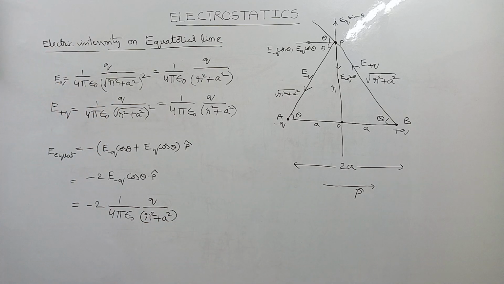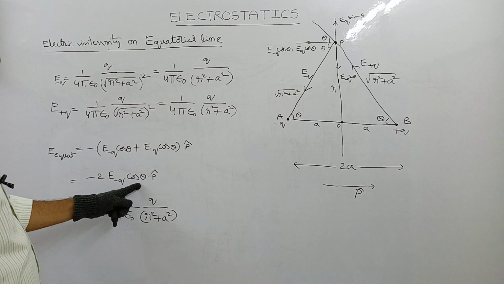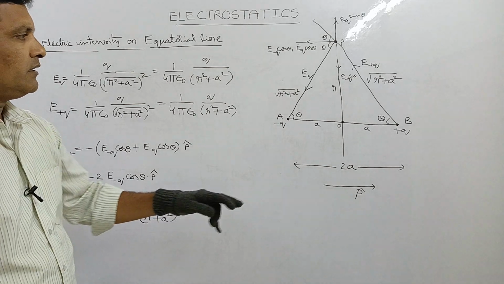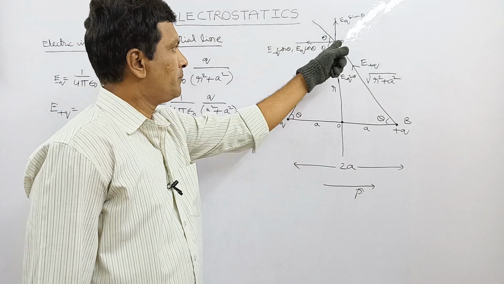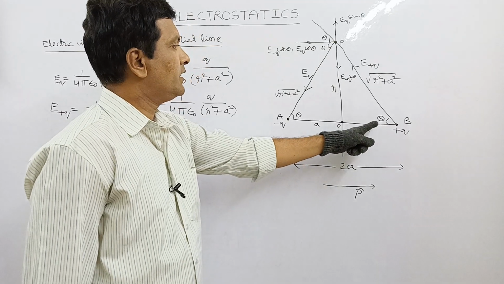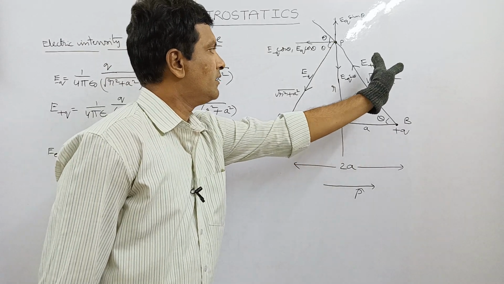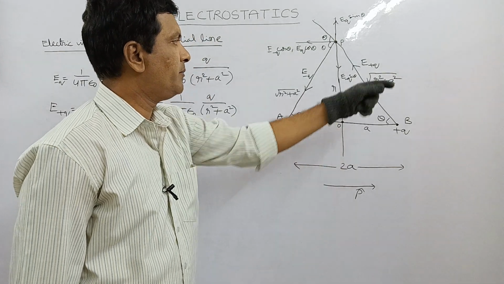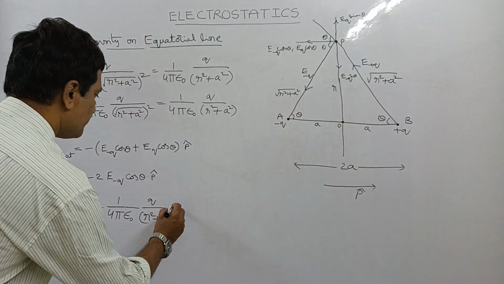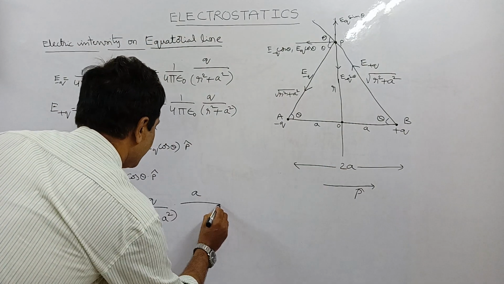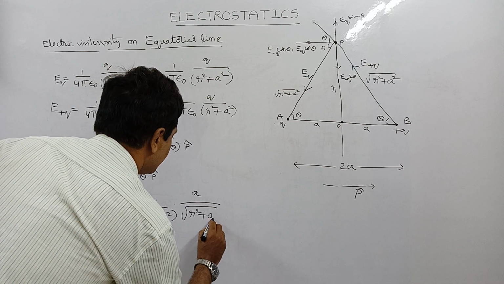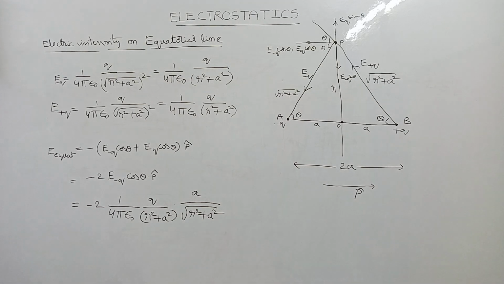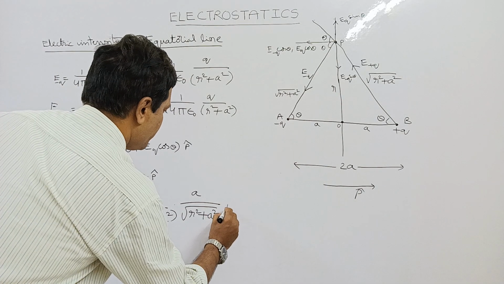Okay. See, what is cos theta? Here, what is cos theta? Cos theta, if you observe this triangle POB, cos theta is adjacent side by hypotenuse. That means A by root of R square plus A square, into P cap.